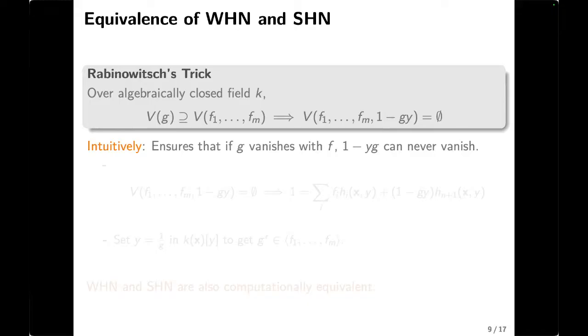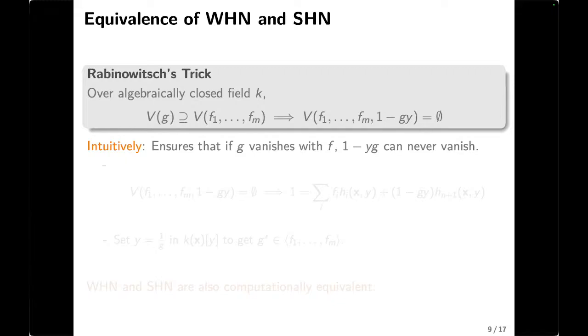This happens through a very beautiful application of something called the Rabinowitsch trick, which states the following: if the vanishing set of g contains the vanishing set of some polynomials f1 to fm, then this is equivalent to checking that the vanishing set of the bigger system f1 to fm and 1 minus gy, where y is a new variable, is empty. And the statement on the right-hand side is just the weak Hilbert Nullstellensatz. So we have converted the strong question into the weak question.